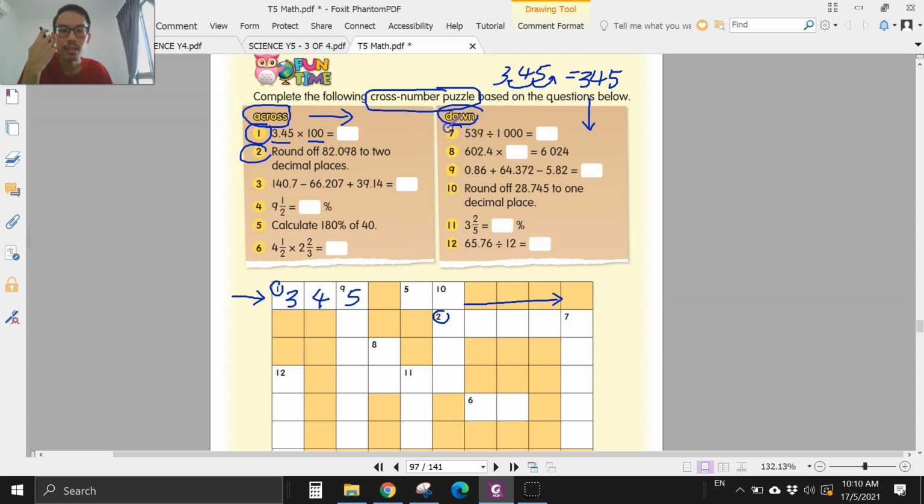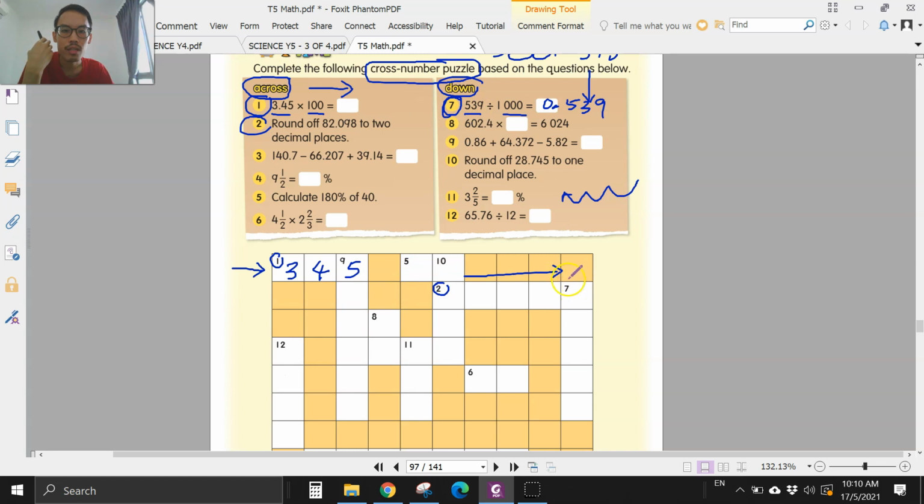Okay. Down number 7. Let's look at down number 7. Divide 1,000. So bahagi gerak titik ke kiri. So 3 sifar 3 kali. So you get 0.539. 7 ke bawah. So cari 7 ke bawah.